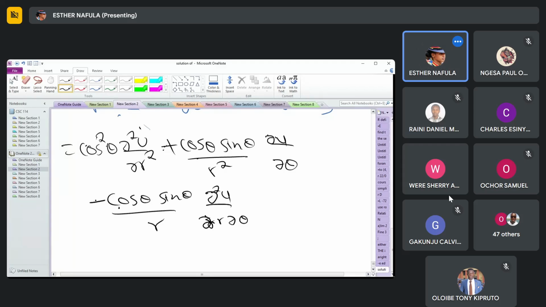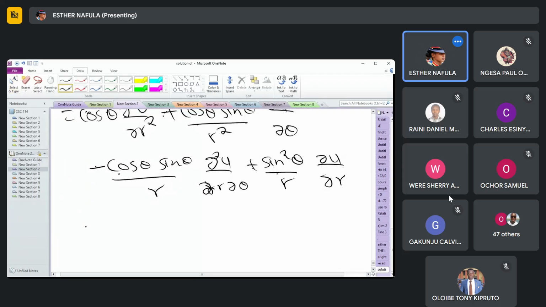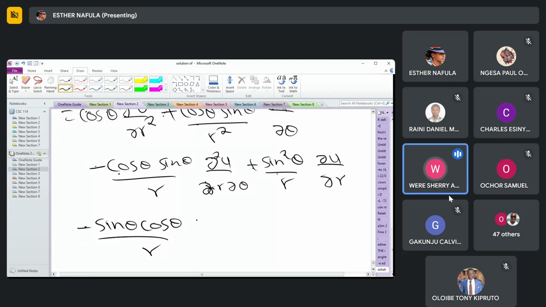Next term, plus sin squared theta over r, partial u partial r. Next, minus sin theta cos theta over r, partial squared u partial theta partial r.